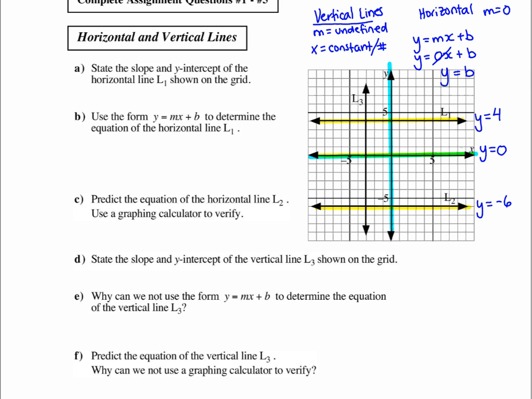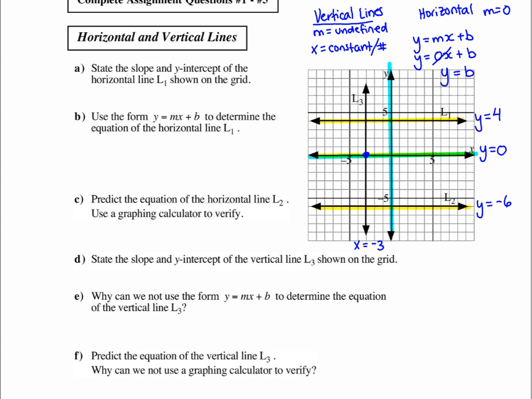Depending on wherever it crosses the x-axis, the x-intercept is. So line 3 would be the equation x equals what? What's the x-intercept of line 3? At negative 3. No matter what x is or y is, x is always negative 3.